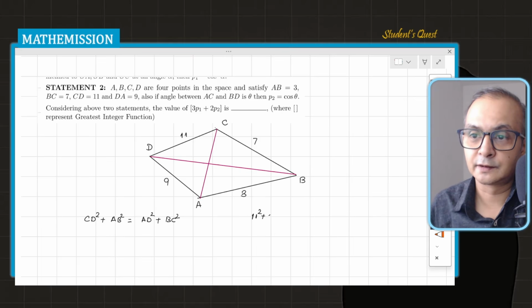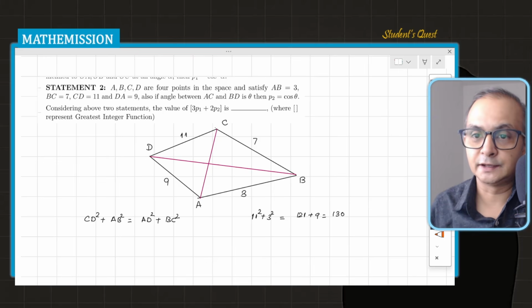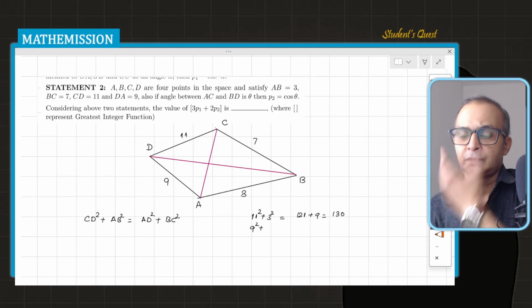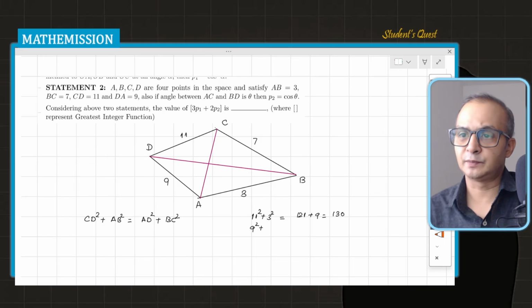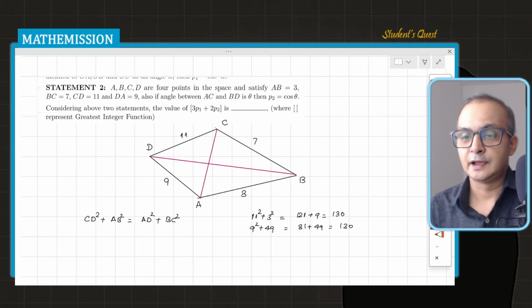11 square plus 3 square is 121 plus 9, that is 130. And the right hand side is AD square plus BC square, 9 square plus 7 square. So 81 plus 49, again 130. It is satisfying.